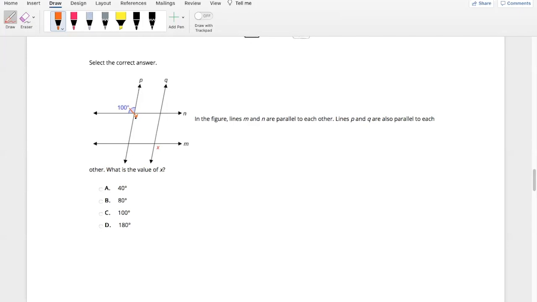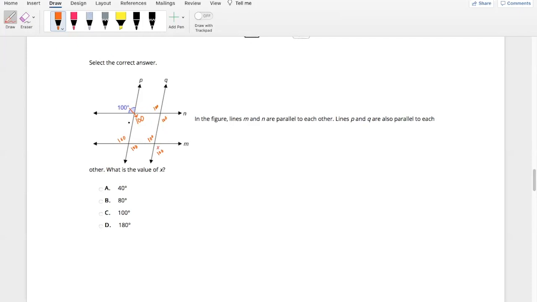So directly across, I know this one also has to be 100. And then that would mean all these corresponding angles here are 100. So kind of that top left and bottom right. Top left, bottom right. Top left and bottom right. So those are all corresponding.